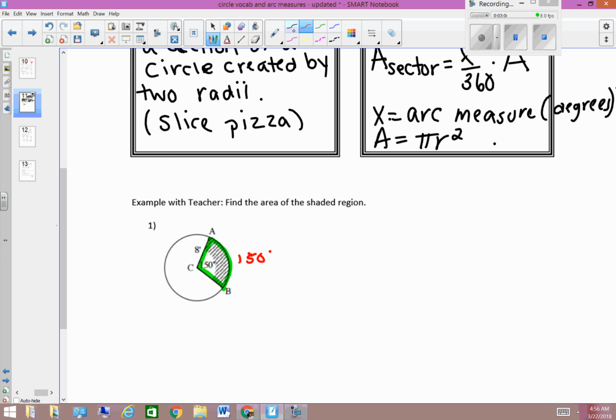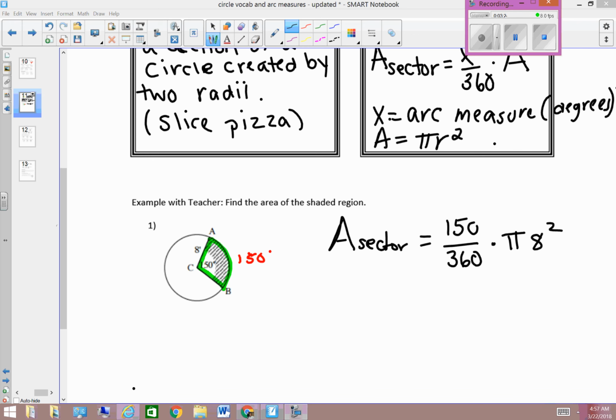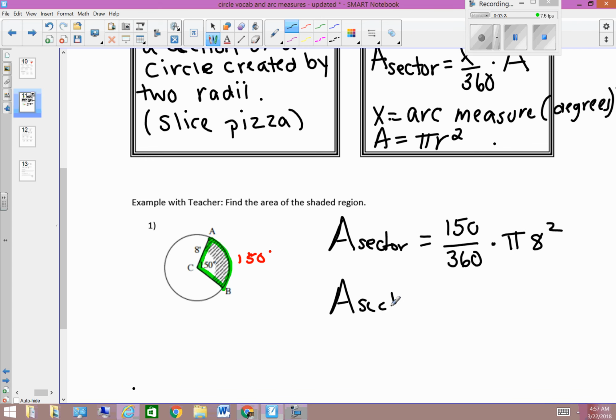So we're going to follow our formula, which is the area of the sector is equal to 150 over 360 times pi 8 squared. All right, so if we use the calculator to figure this out, I'm going to put this in two forms.